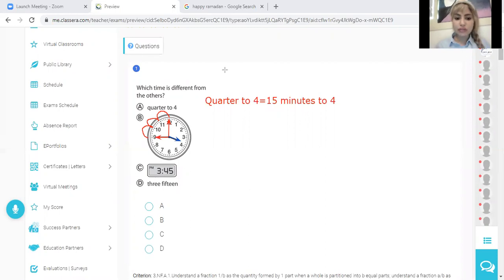It is 3:45. Yes, it is 45 minutes after 3 because this is 15, and all here is what? Let's count. Let me color it in another color. Okay. So I have 1, 2.